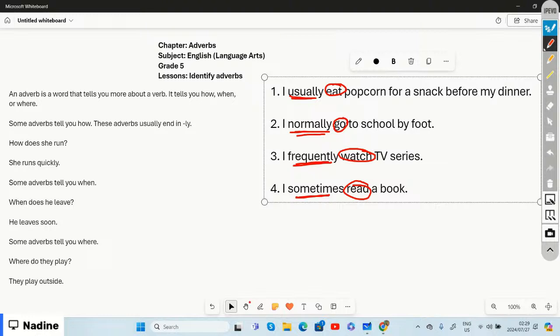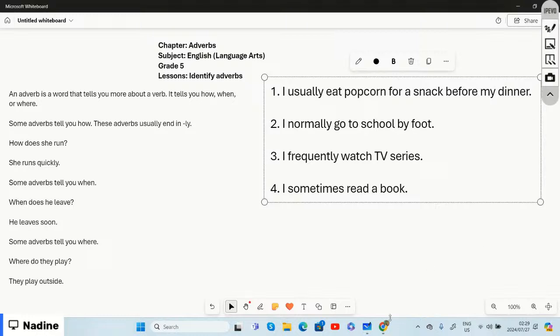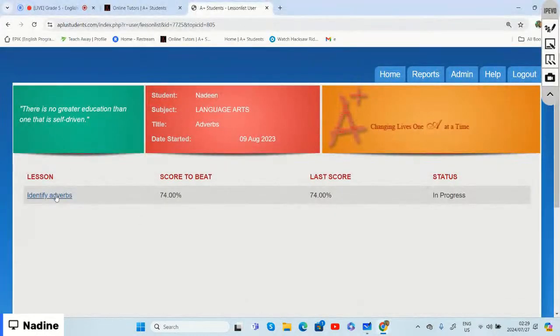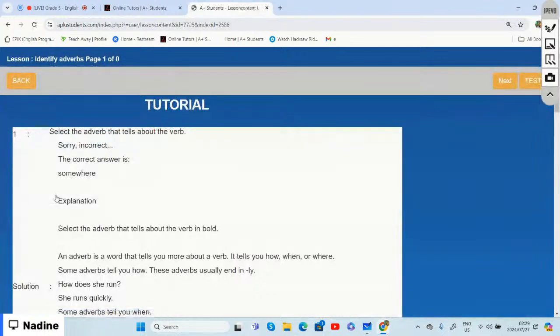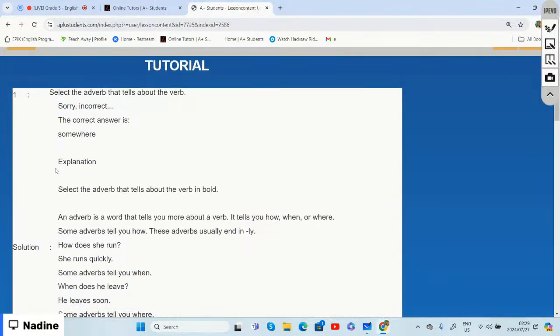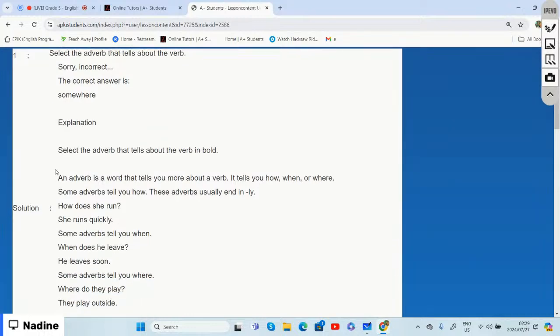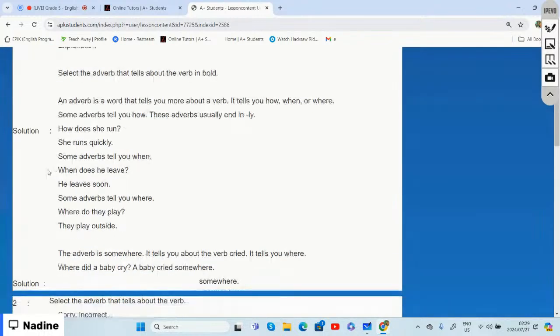So now we're going to A plus students.ca, and we're going to identify adverbs. Right? So we see that an adverb is a word that tells you more about a verb, and it tells you how, when, or where. And adverbs that tell you how usually end in ly.